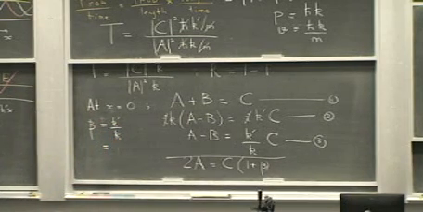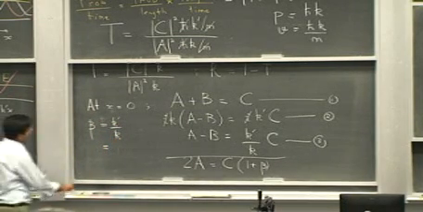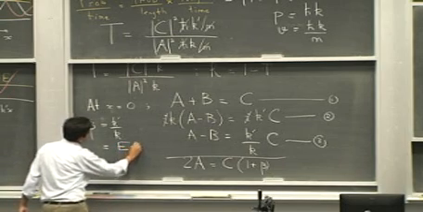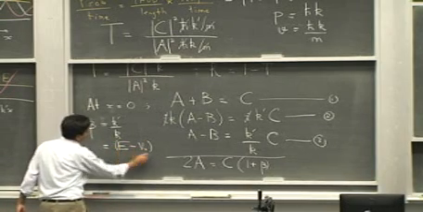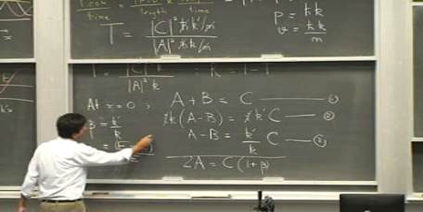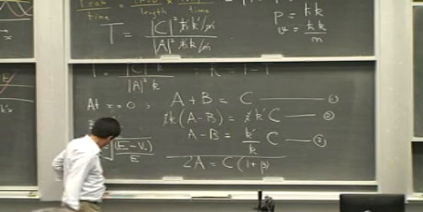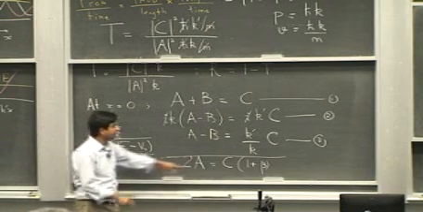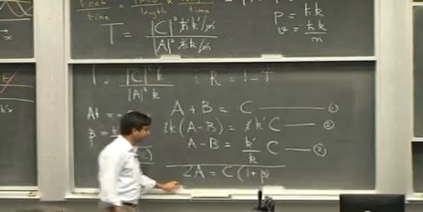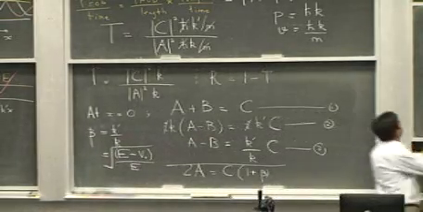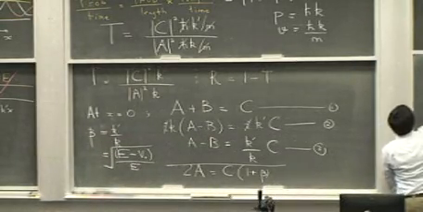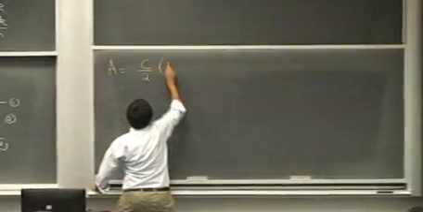And as you can recognize, this is just equal to the square root of (E minus V naught) divided by E from these expressions. Alright, so now I have 2A equals C(1 plus beta). This means A is C over 2 times (1 plus beta).